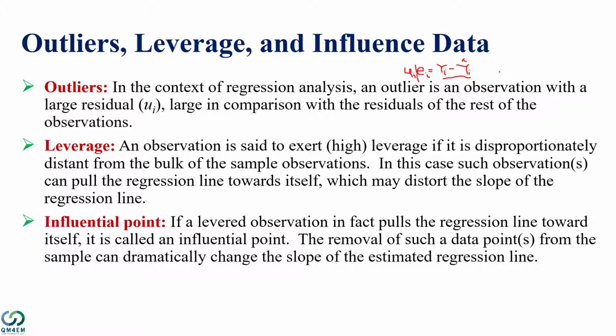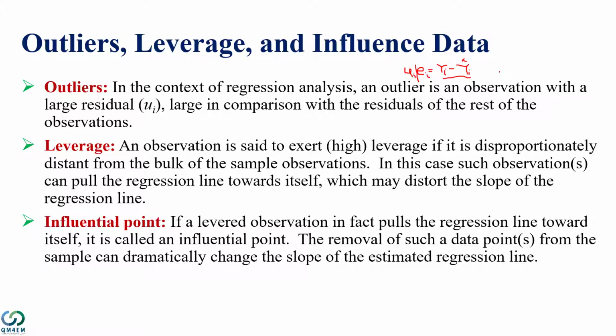And the influential point consideration in the data is important, because if we keep these points in our data, or if we exclude these points from our data and do the regression analysis, in both cases the result will be dramatically different.